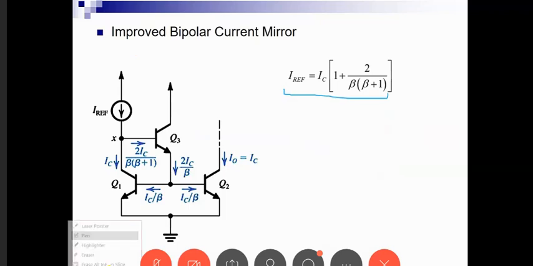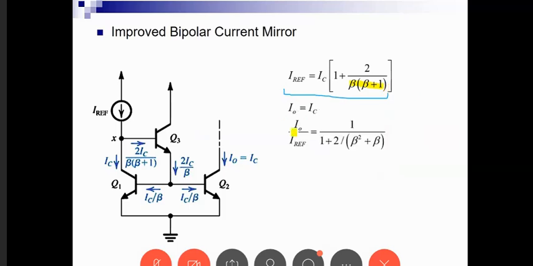Let me just put the highlighter. Now it has another term here, which is beta over beta plus 1. This term is now also divided by beta plus 1, so it has beta squared. Okay, so now IO over I reference has an error term proportional to 1 over beta squared, and therefore I managed to reduce the error to a very small number.